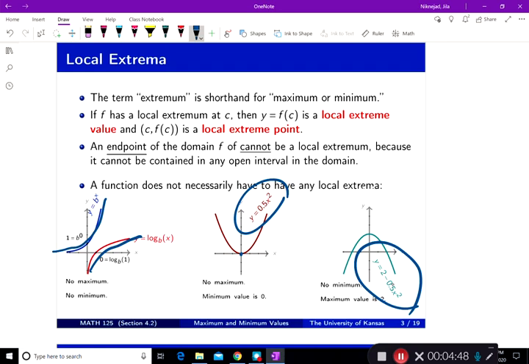This one has a local min and absolute min, as we discussed. This one has local max and absolute max, but no absolute min or local min. And so local min over here, local max over here, it obviously happens at x equal to 0 and x equal to 2.